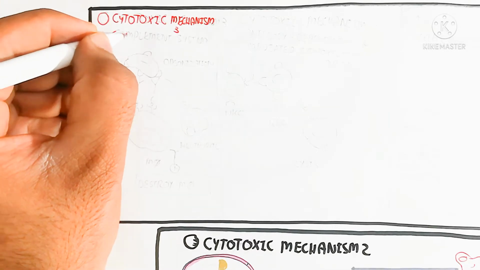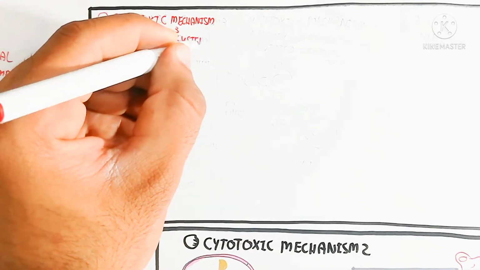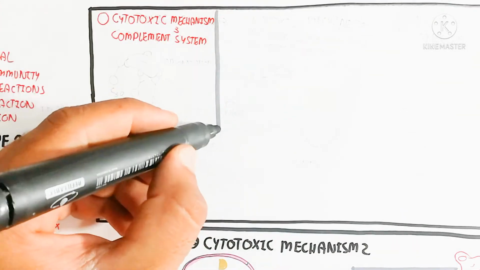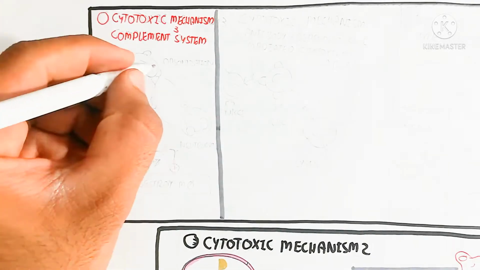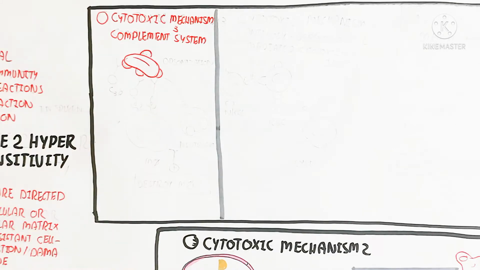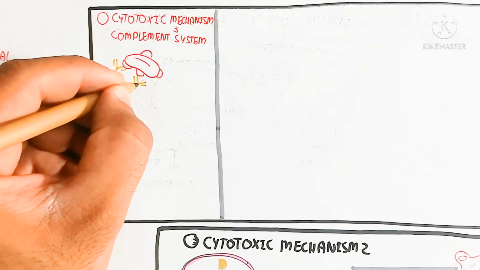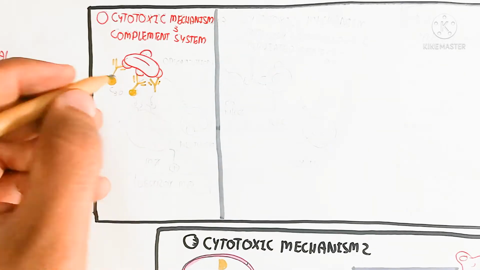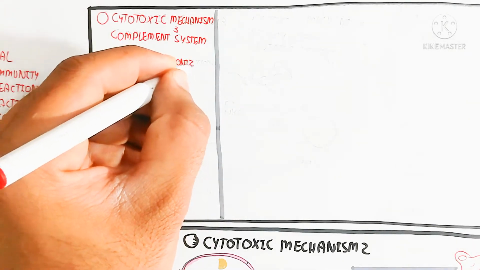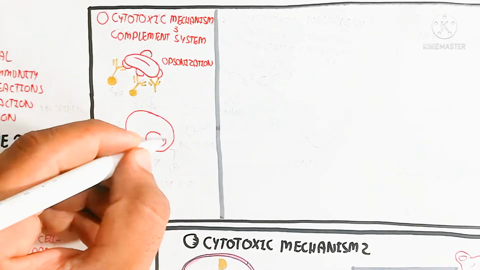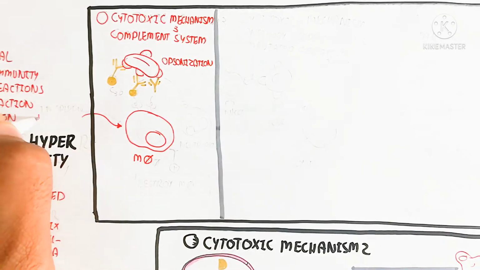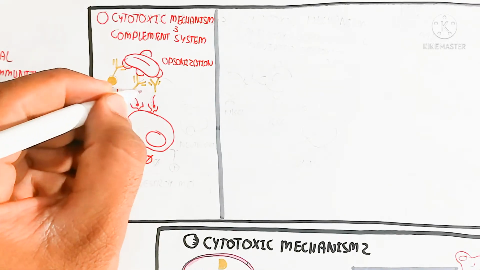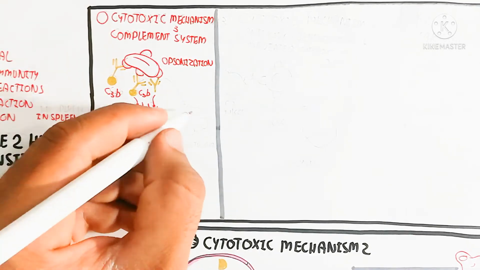The next one is cytotoxic mechanism 3, which involves the complement system more importantly. Here is the RBC, which is bound with the immunoglobulin, and the Fc portion will bind with C3b, a complement protein. After the cascade of cleavage, the C3b will lead to recognition in the spleen.